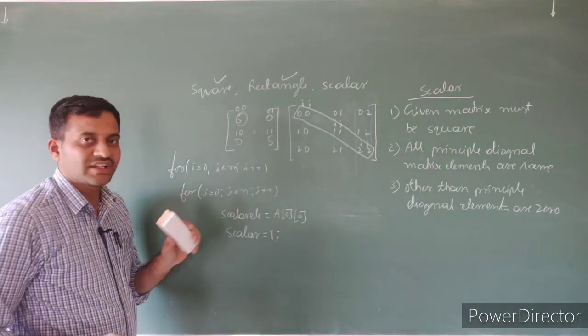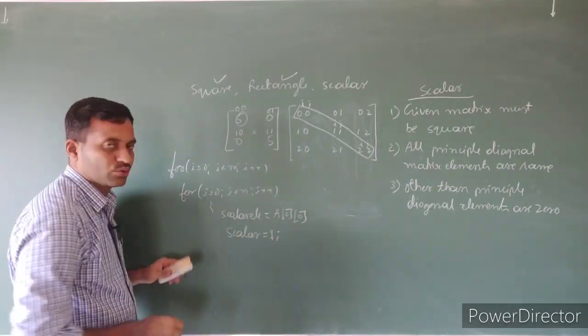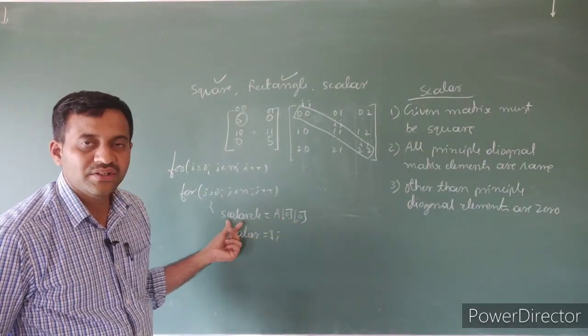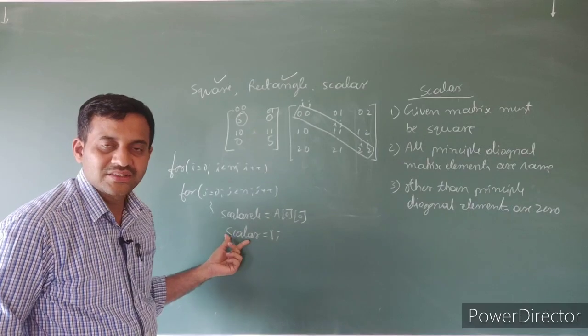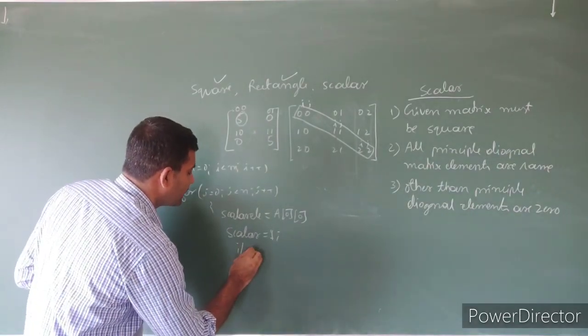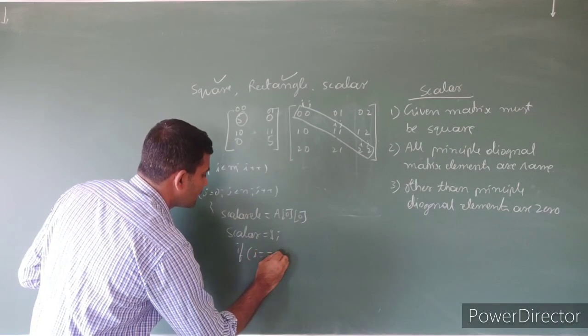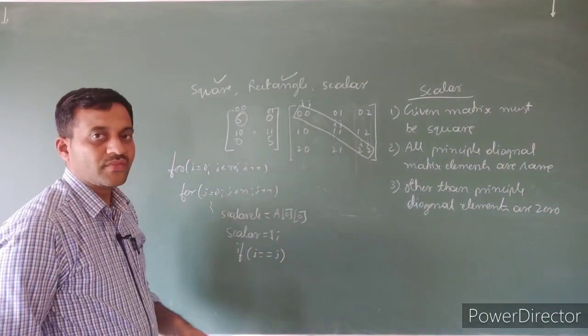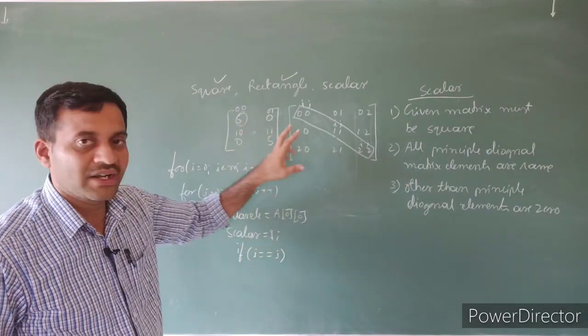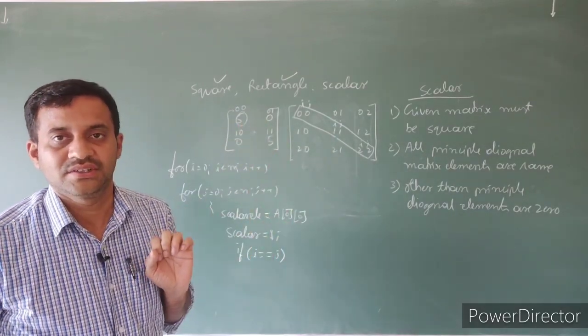These are the two initializations before the for loop. What we have done? The first element is the scalar element, and the given matrix is assumed to be a scalar matrix. Then we have to verify if i value is equal to j. When i is equal to j, it identifies only principal diagonal elements.